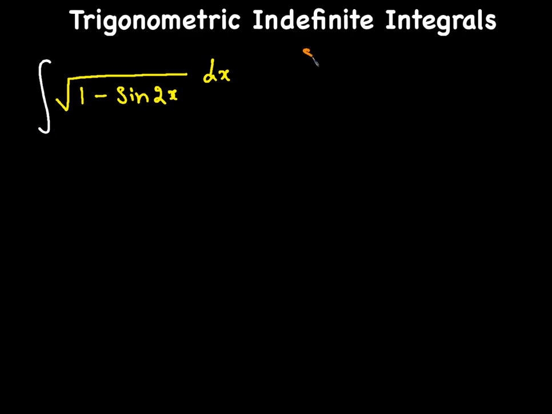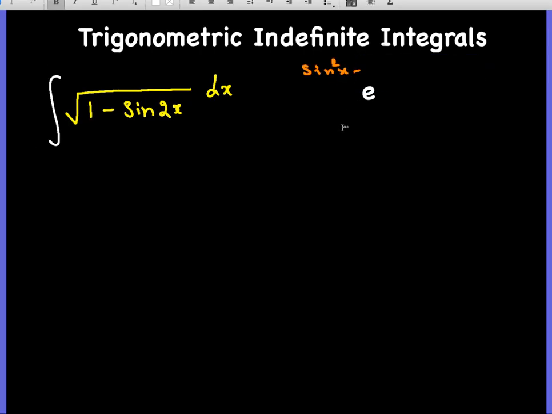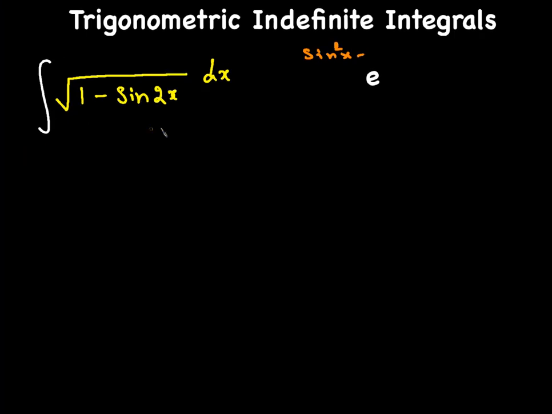One of them is sine square x plus cosine square x is equal to 1. The other one we're going to use is sine 2x is equal to 2 sine x cosine x.